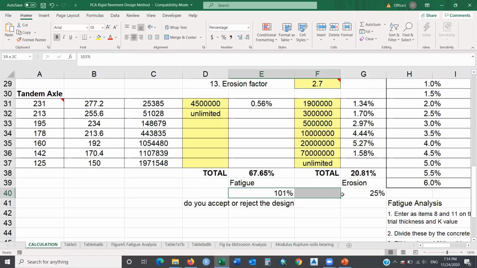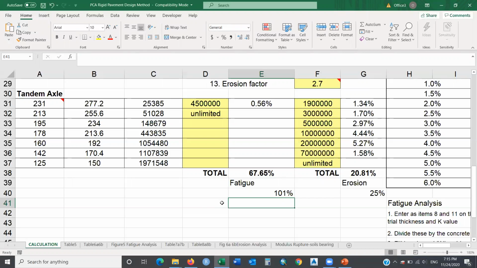But if one of them goes beyond the 100, you have to reject. But if it's only from 1%, there's already like security factors in the calculations. So isn't that correct? You are contradicting the method. The method states that when the design goes over 100% in any of the two, you have to reject it.